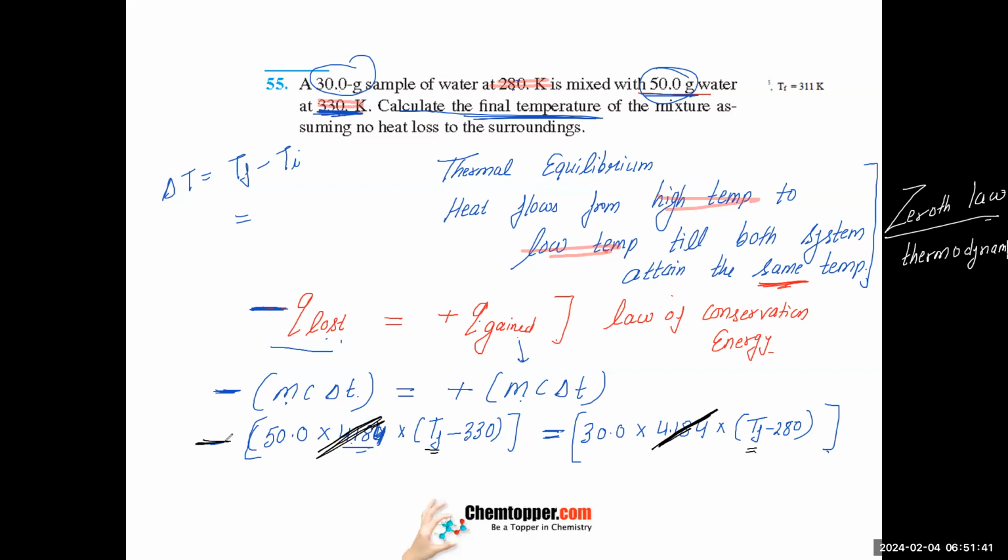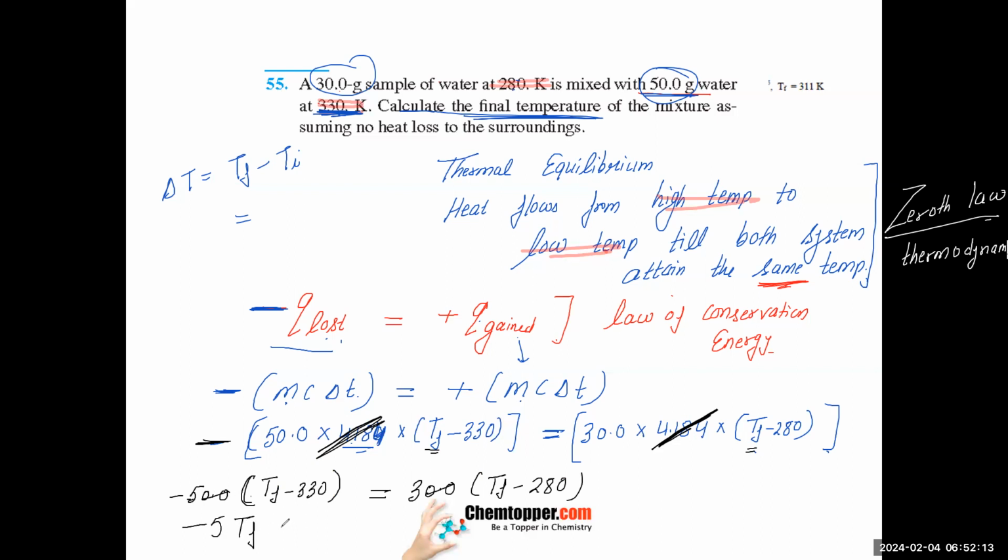This minus is there, so minus 50.0 times T final minus 330 is 30.0 times T final minus 280. Now these zeros also cancelled. So now open this parenthesis. This is algebra, children.